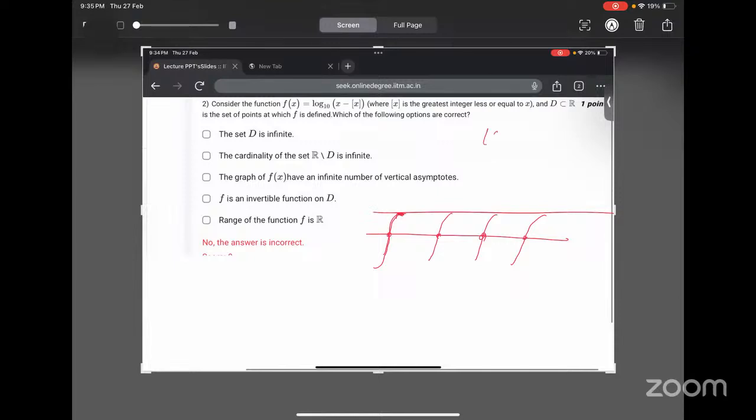So if x is going to 1, that means f will be going to 0, and if x is going to 0, then f is going to minus infinity. So the range will be minus infinity to 0, right? Clear? Yes.